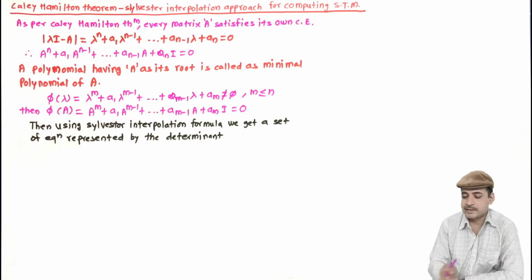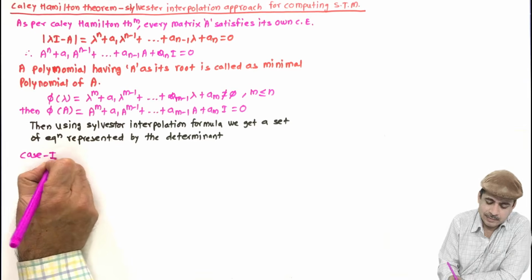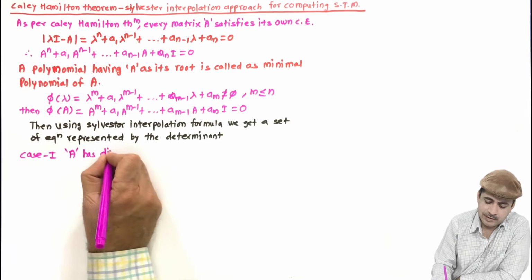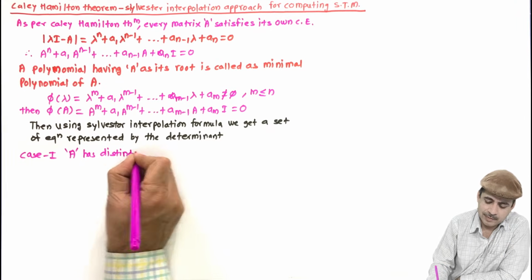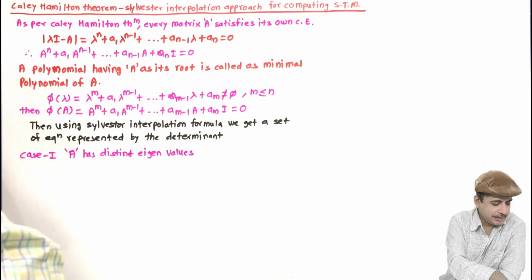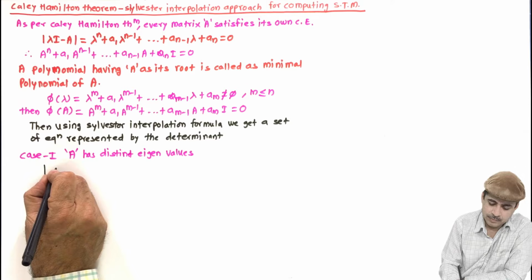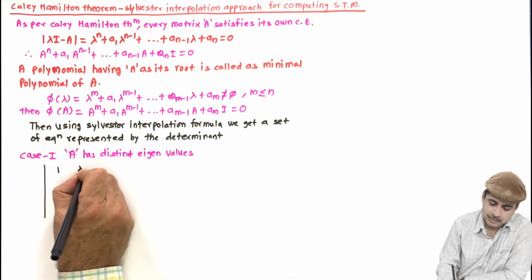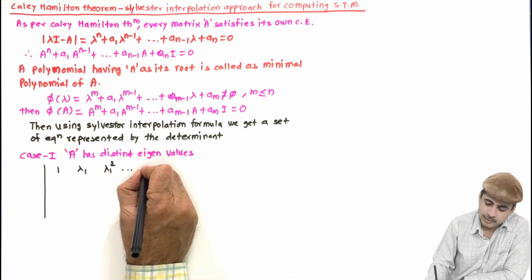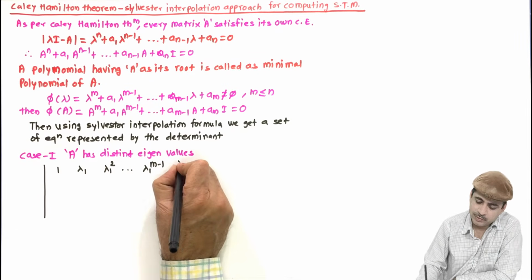Let us consider there are two cases in this case. The first case is case 1: A has distinct eigenvalues, and in this case this determinant is given by 1, lambda 1, lambda 1 square, so on, lambda 1 raised to m minus 1, e raised to lambda 1 t.